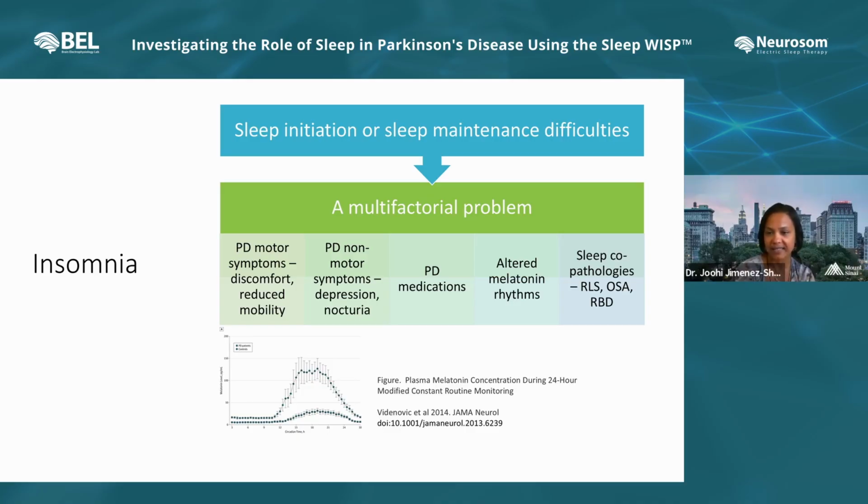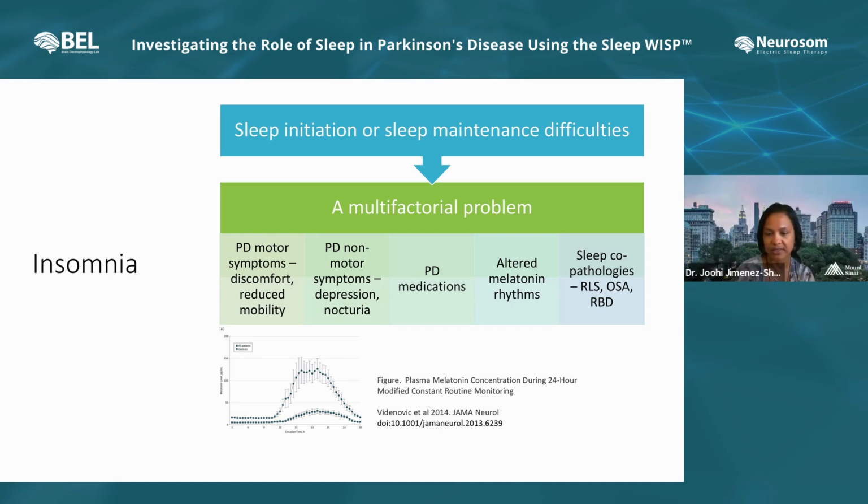But I think it highlights the fact that we need better treatments to address this problem of sleep disruption and sleep dysfunction in Parkinson's disease, because we can do a pretty good job of controlling the motor symptoms, but this particular non-motor one is so multifactorial that we have a lot of information to dig through to try to understand what the root cause is and then to implement appropriate therapies.